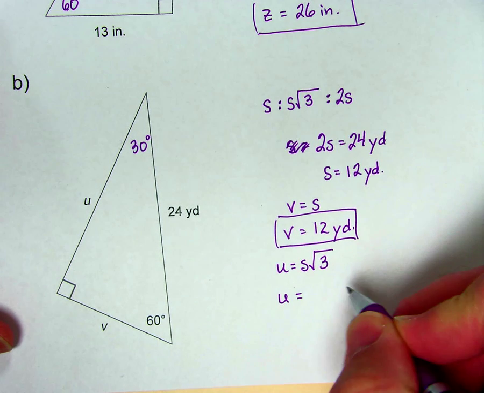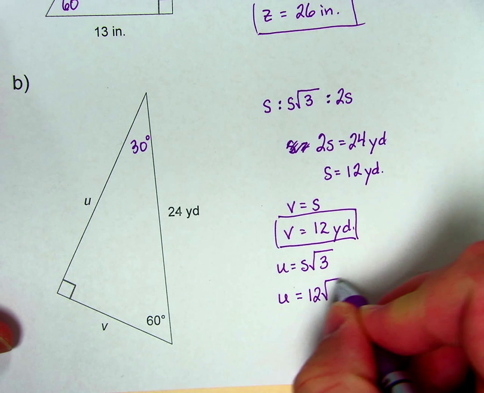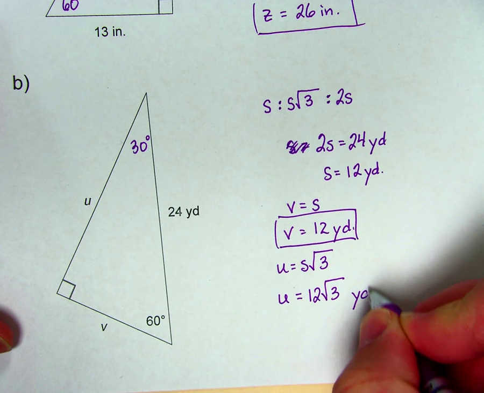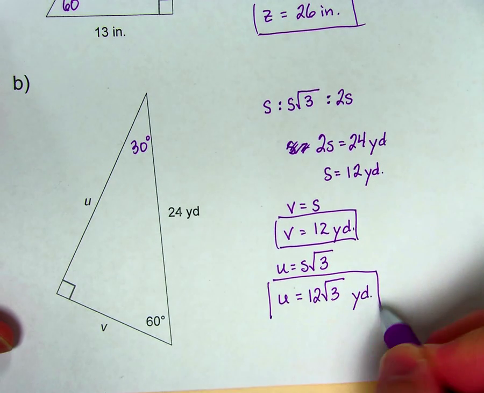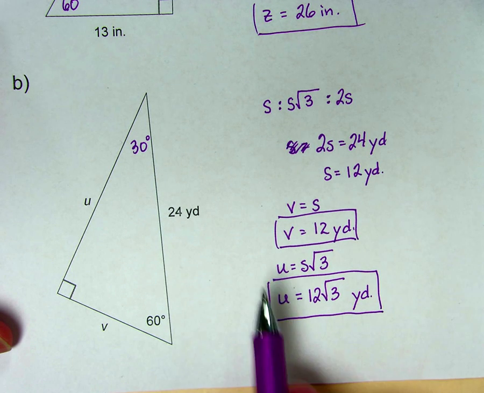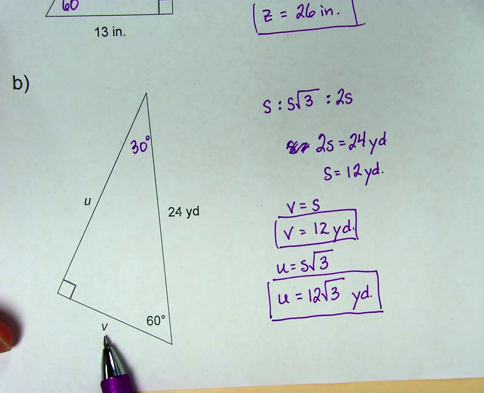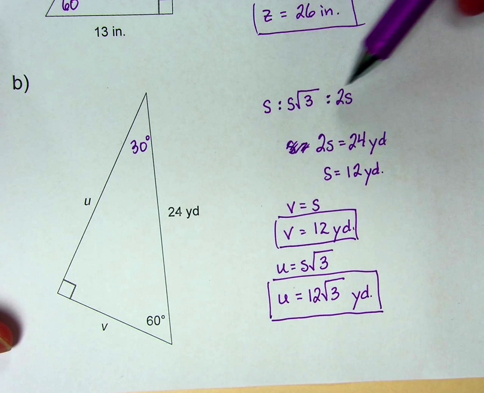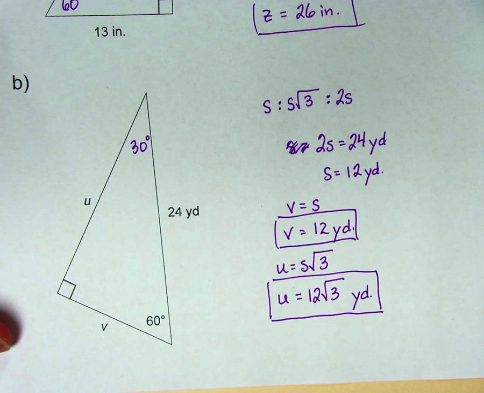So U is going to be 12 times the square root of 3 yards. Notice how when I did not know the shorter leg, that's the one I found first, because that's the one that all the others are based upon.